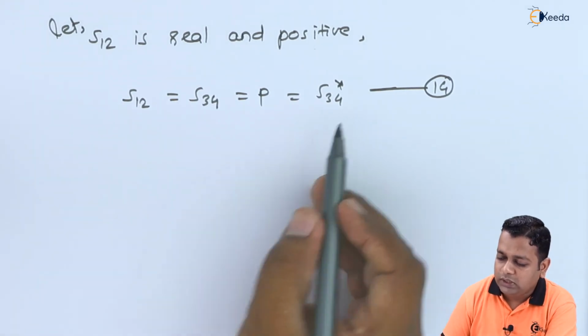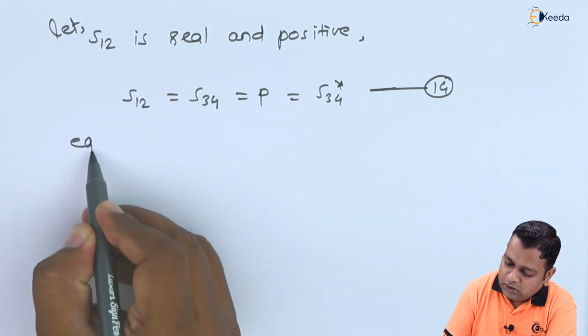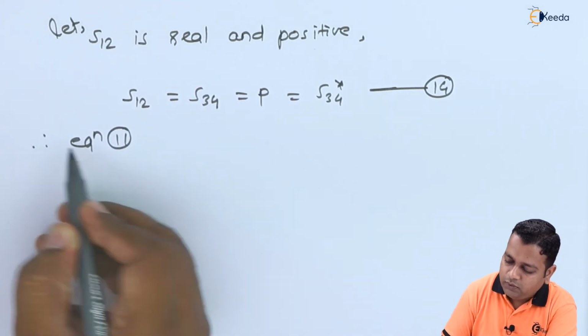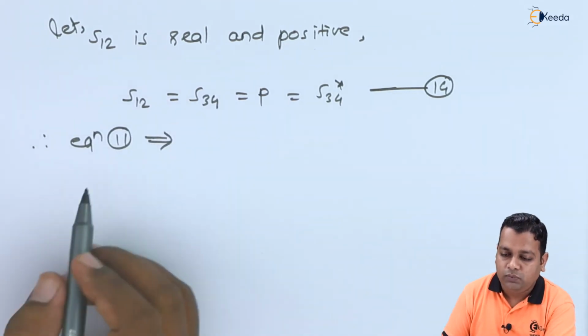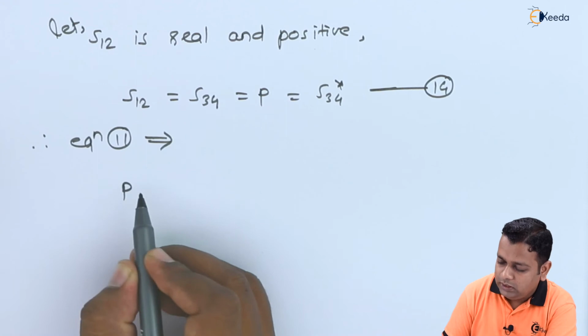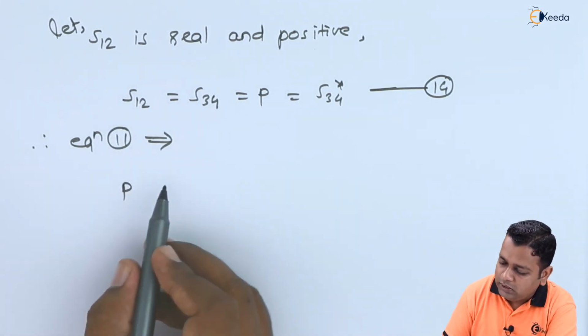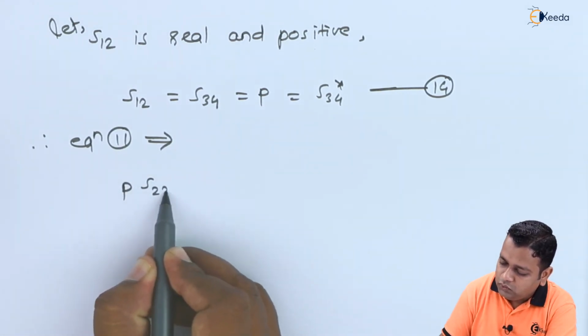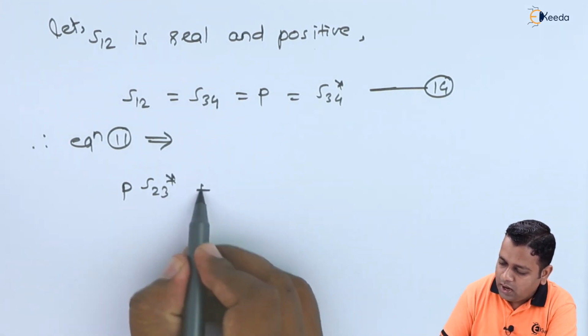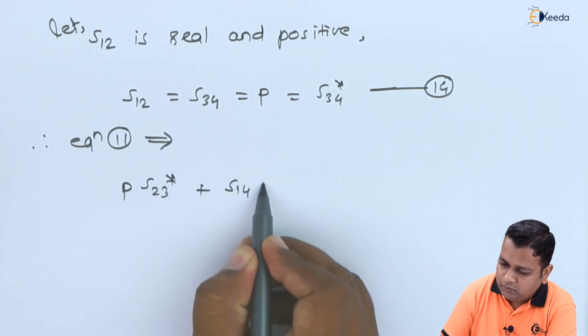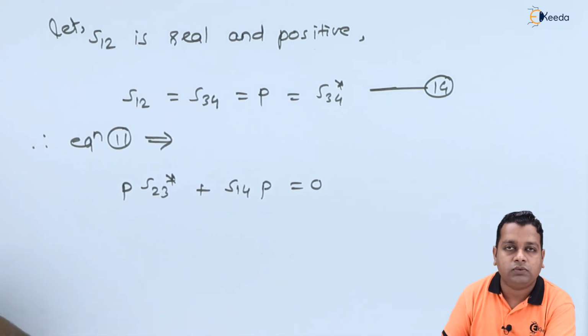Because of this representation, equation number 11 will imply that p in multiplication to S23 conjugate added to S14 times small p will be equal to 0.